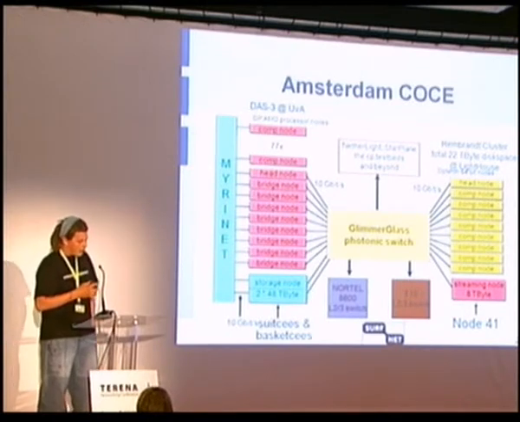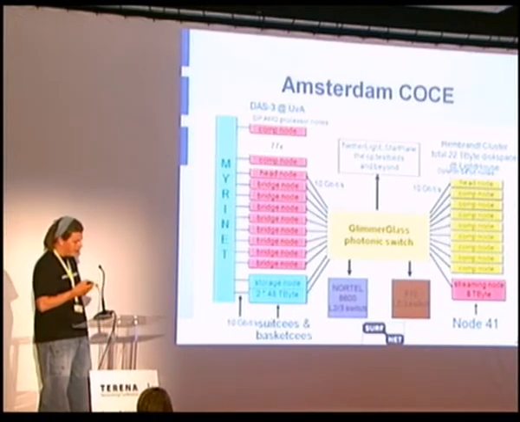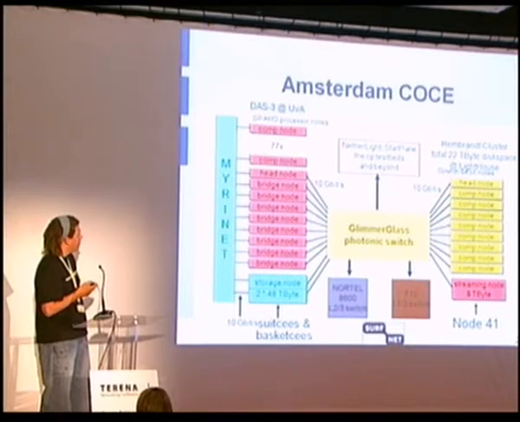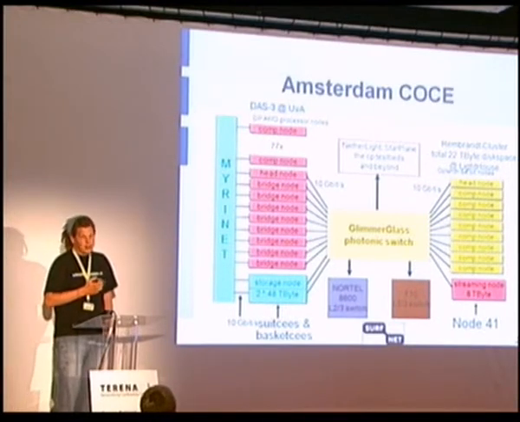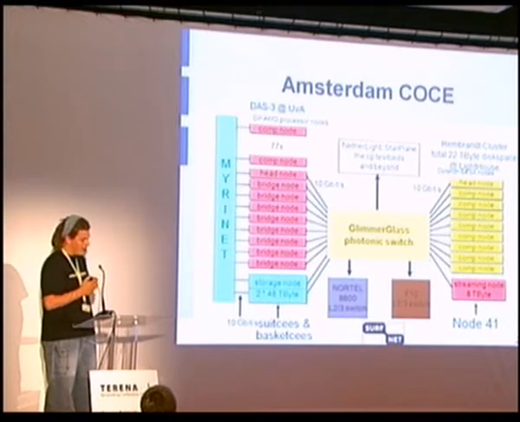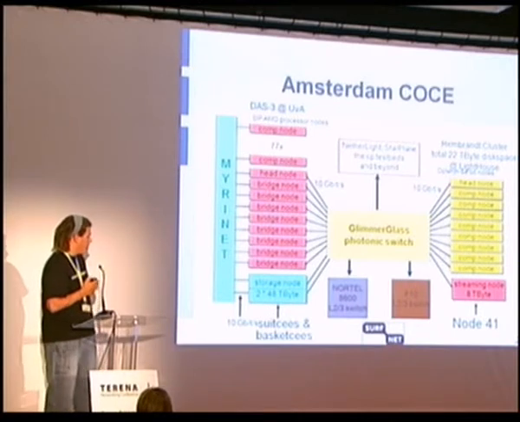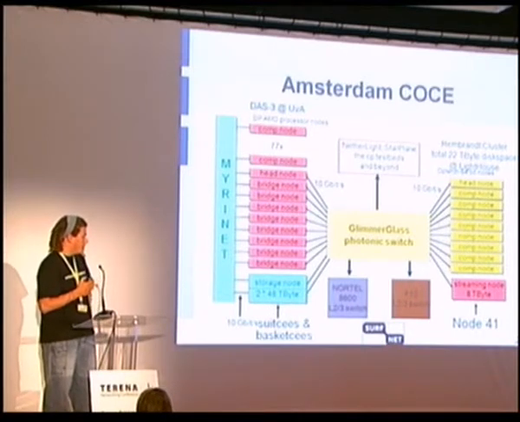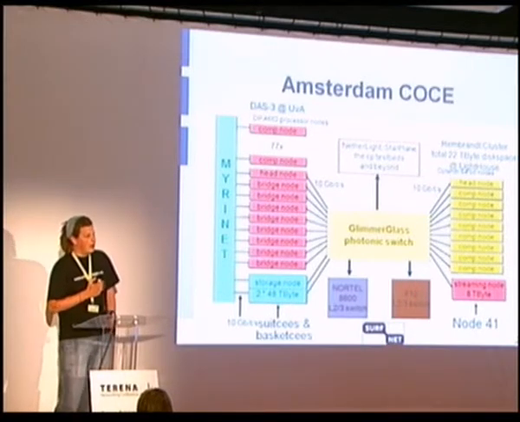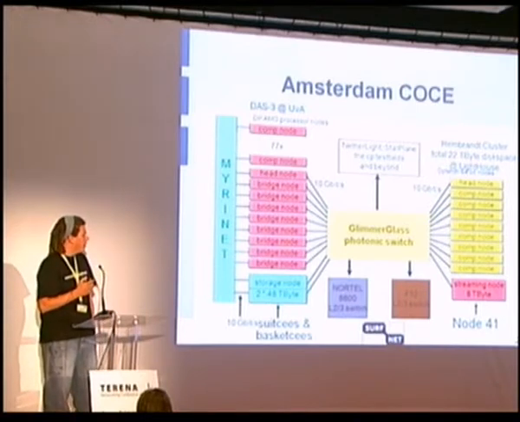Well, our Coke currently looks like this. We have the DAS3 cluster, which has a lot of computing power, which is connected with a photonic switch to our storage nodes. It uses 2 times 48 terabyte storage.